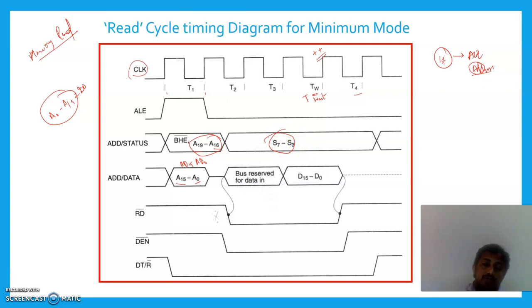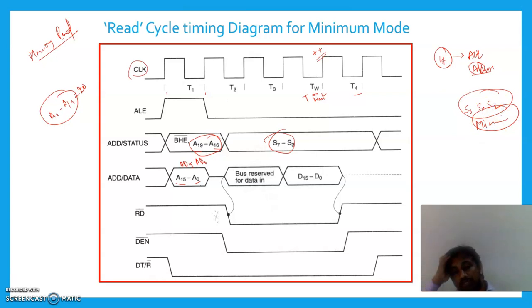The status signals S0, S1, S2 are not defined in minimum mode; they are there in maximum mode. So the status information passed on S3 to S7 is common to both modes.